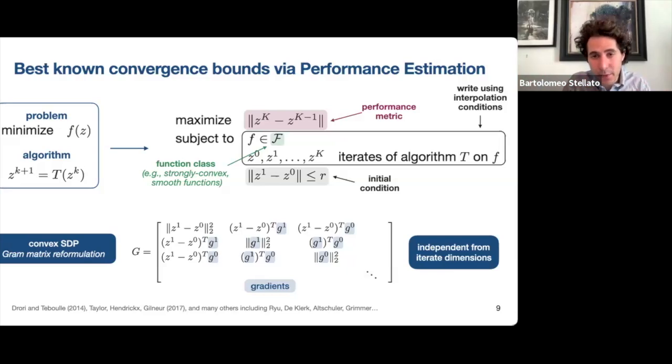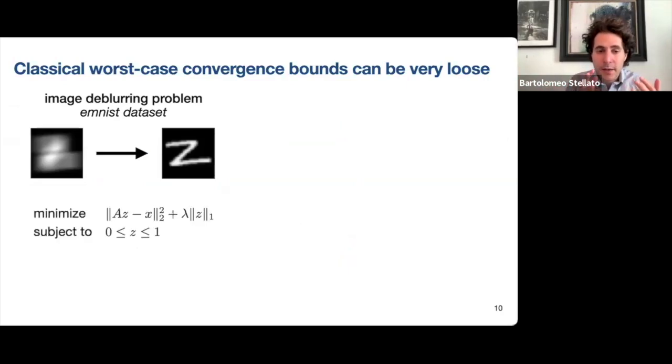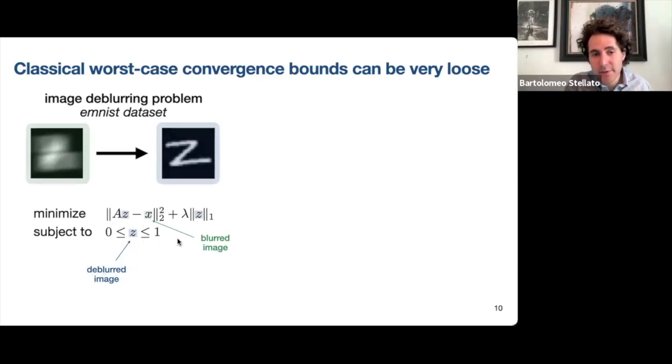Now, these best known bounds, however, may be very pessimistic for the setting that we're considering. And let me give you an example of how these bounds can be pessimistic. So let me generate a distribution of problems synthetically by taking all the images of letters in the EMNIST dataset and blurring them, and then formulating a problem of deblurring these images by trying to construct a deblurred image from the blurred image by solving this nice convex quadratic optimization problem, where Z is the reconstructed deblurred image that we want to find, is between 0 and 1 because it's black and white pixels, and then it depends on this blurred image.